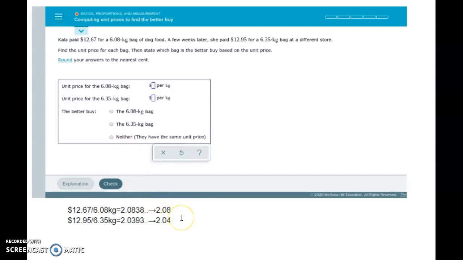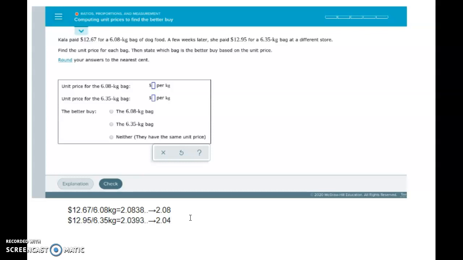Now we can compare. Do you see that there is a small difference, but you're still paying a little bit more in the first one? So you tell me, which one is the better buy? If you said the second one, you're right. You have to pay a little bit less.